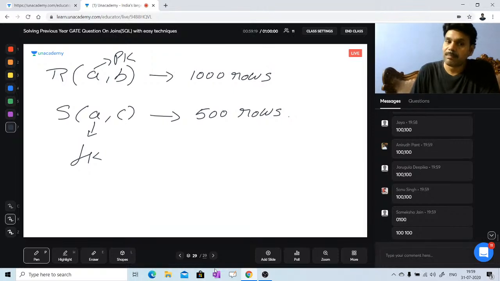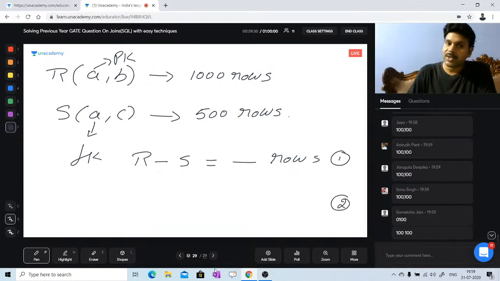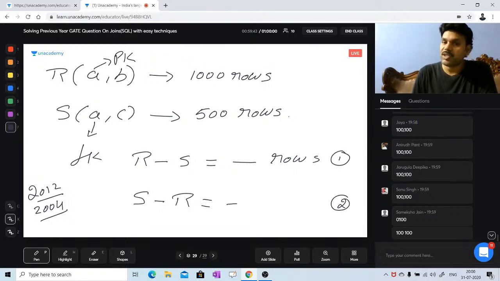If I am saying R minus S, how many rows? Dash rows. This is your first question. Second question is your GATE question. You can check it, 2012, 2004. Both years IIT Delhi conducted it. The same question is repeated. What is S minus R? Dash rows.